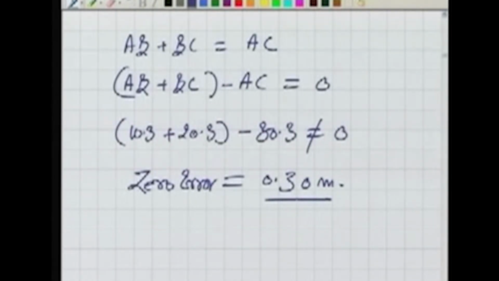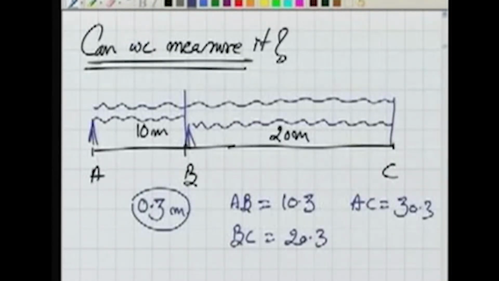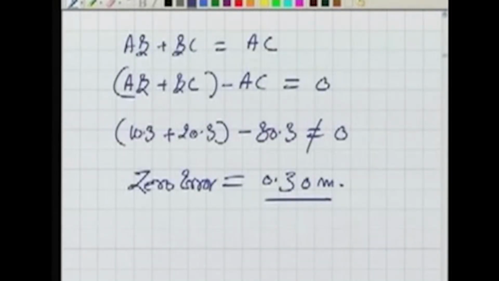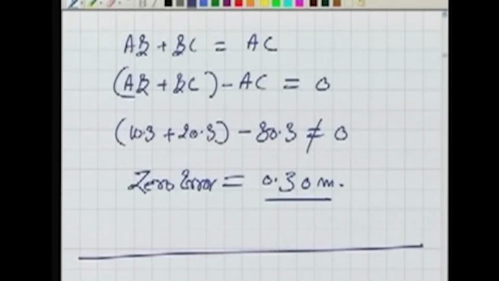Now, here in this case, I took just one set of observations. What we can do, we can repeat these observations. For example, that's our length. We can make many combinations like AB plus BC is AC.